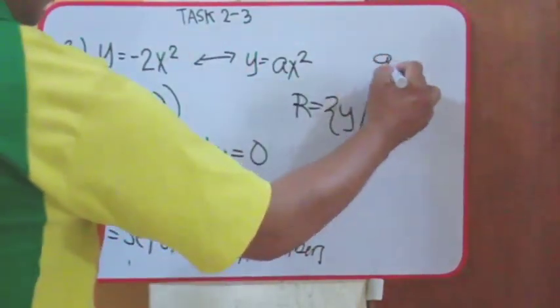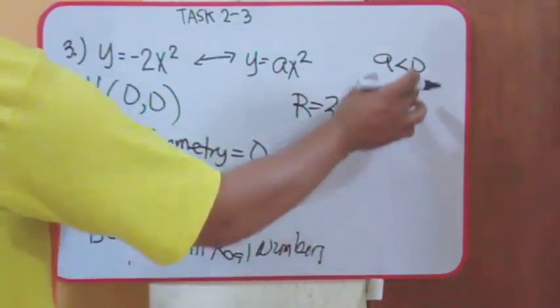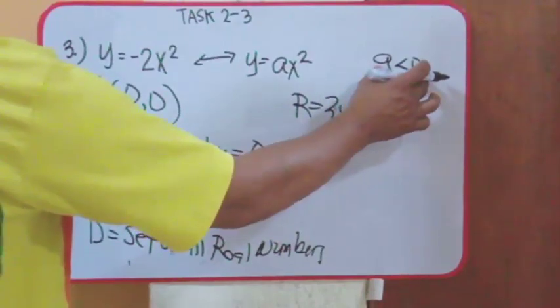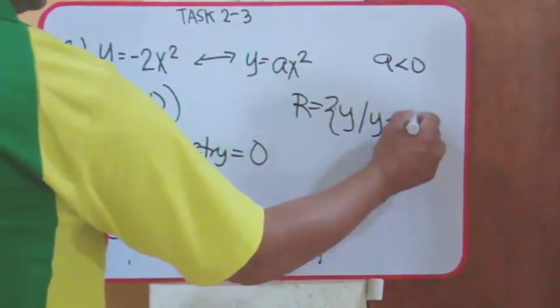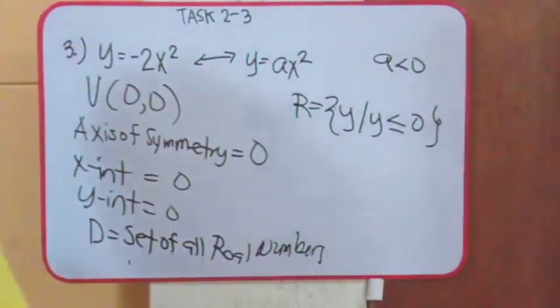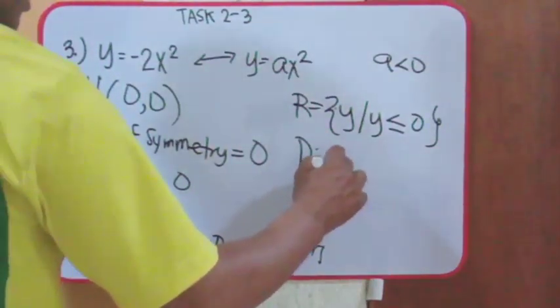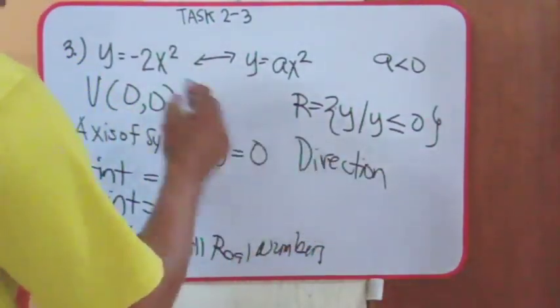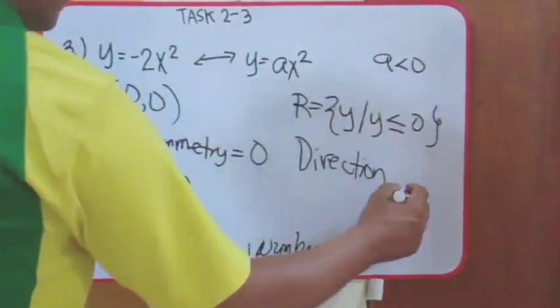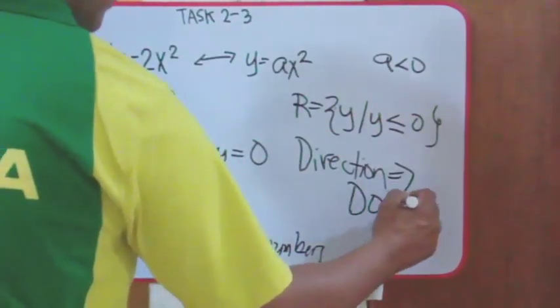Kasi a is less than 0. Okay? Ibig sabihin ng a natin ay negative. Kapag negative, ang gagamitin natin ay less than or equal to 0. Next, the direction. What is the direction of the graph? So, anong direction niya? A is negative. So, it means the direction is downward.